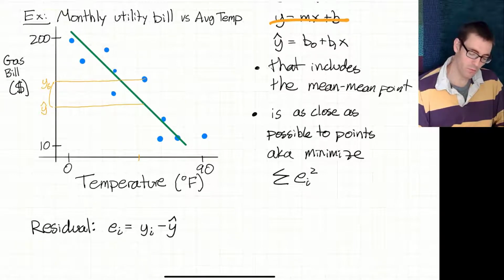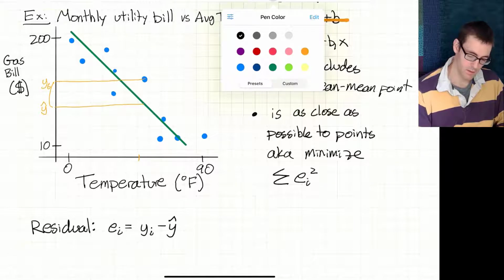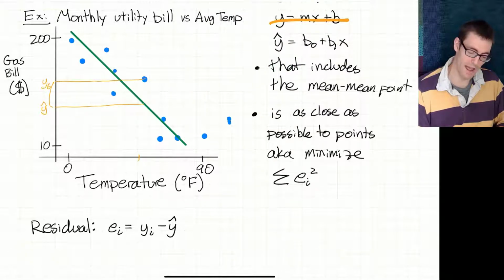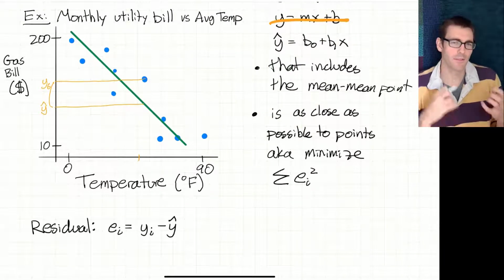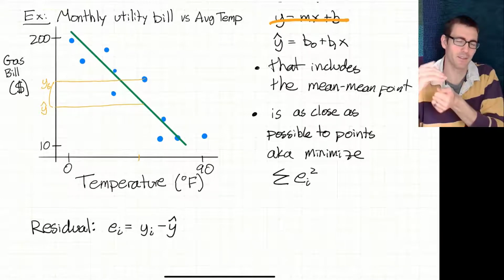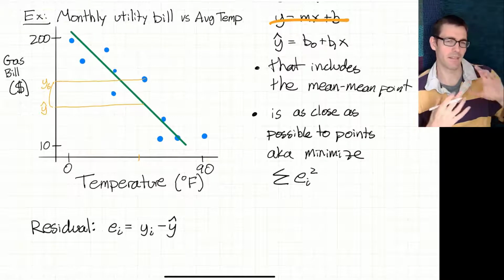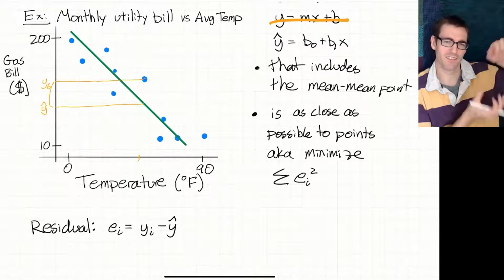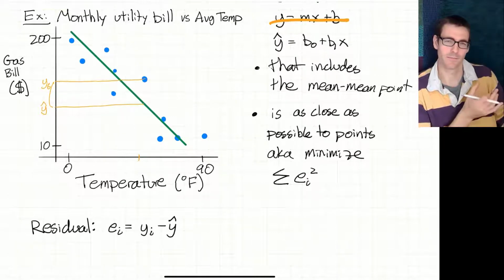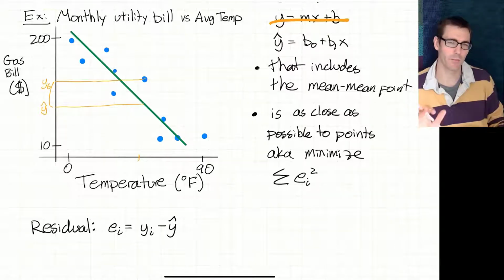But then that's going to really heavily penalize points that are, for example, way out here. So it's a balance of simultaneously trying to minimize the really big residuals and minimizing a bunch of slightly bigger, small residuals. Anyway, that's not too terribly important.